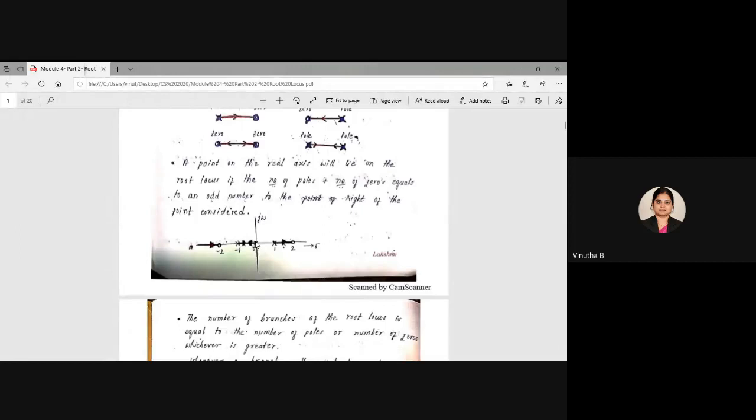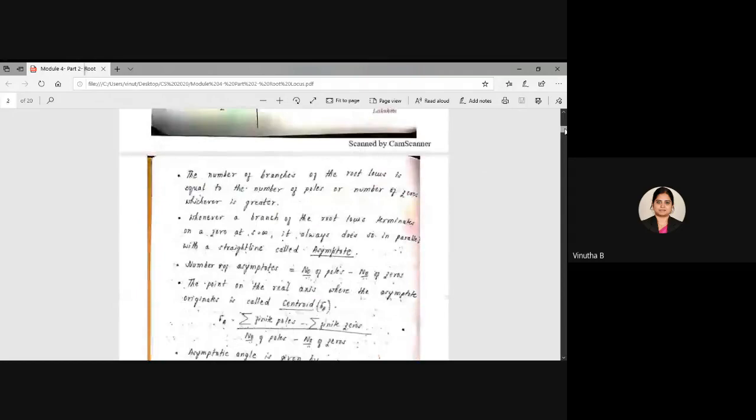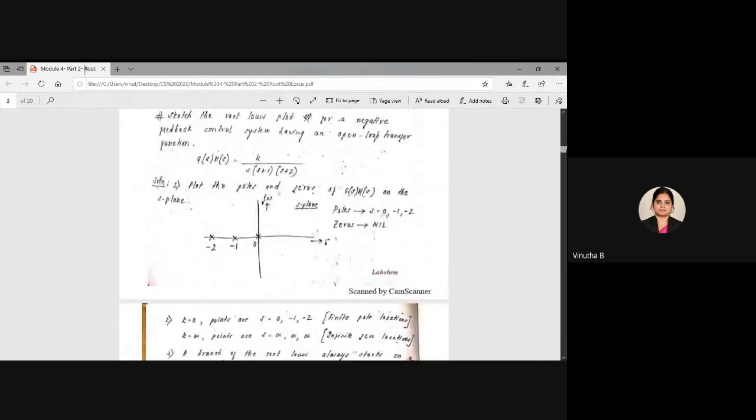We have already indicated the points where we have poles, isn't it? So I'll just go back to that problem, and there I will explain that. Now here, in this problem, we have three poles: one at 0, one at -1, one at -2.